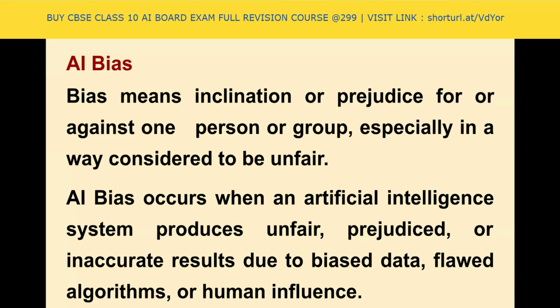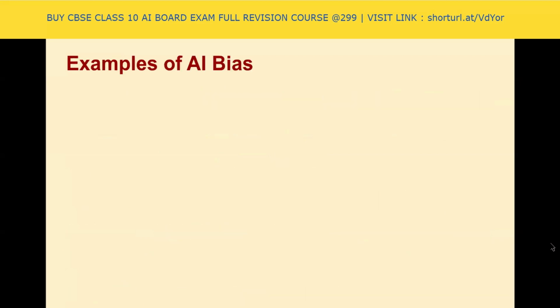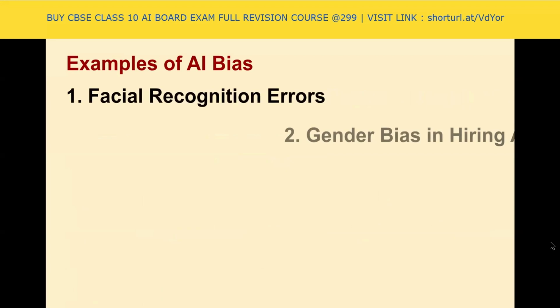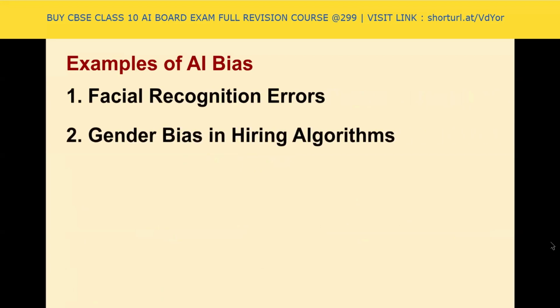So this can also be done in AI applications, which can influence decisions, or the applications which are using AI can be affected by this. So now let's see a few examples where AI biases are there.